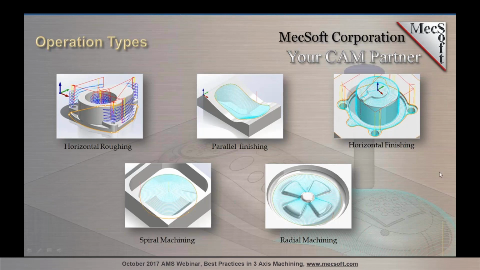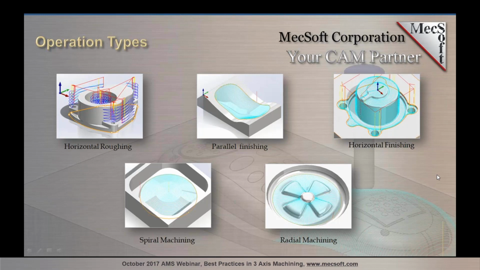Now, this can be used for both vertical and horizontal areas, and it works well in areas where spiral machining may not be the best option. And spiral and radial machining are often used together to maximize coverage and achieve a better surface finish.